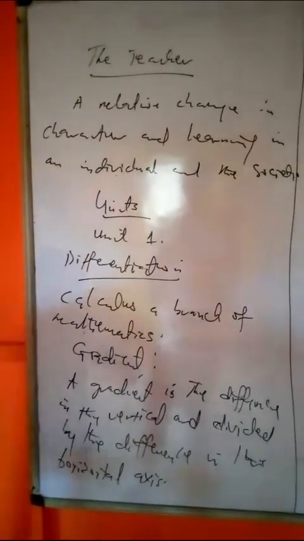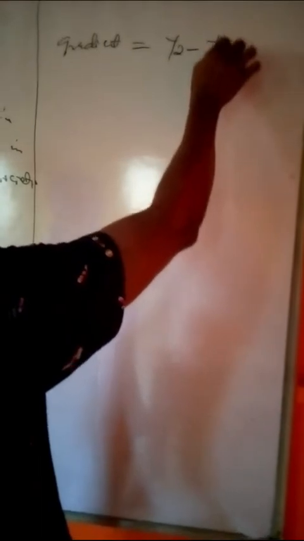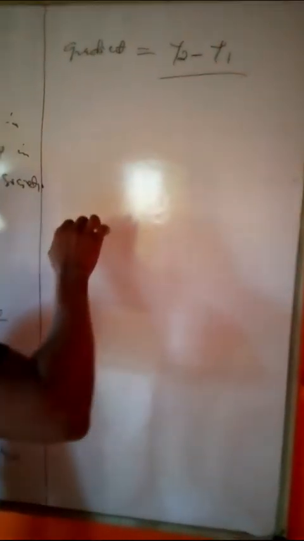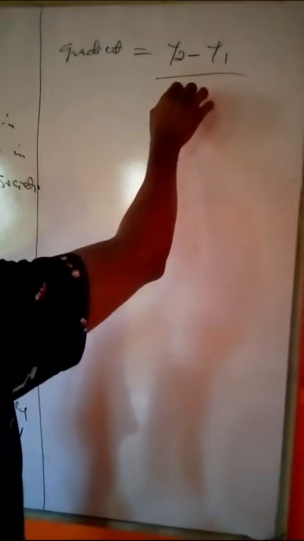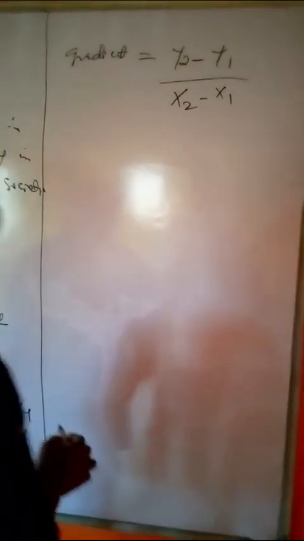So we can say mathematically that a gradient is equal to the difference in the vertical axis, which can be represented by y2 minus y1 all over x2 minus x1.